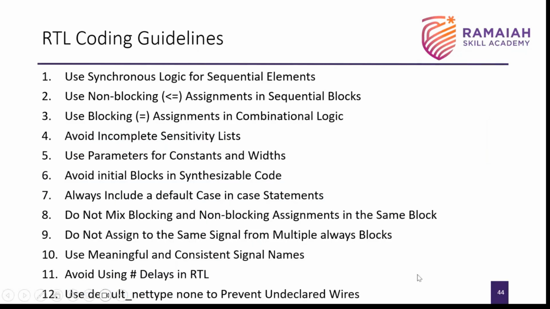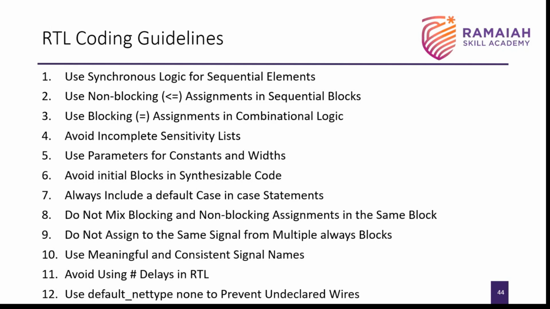Now, there are certain RTL coding guidelines that we should follow while designing a circuit. I'm not going to discuss these coding guidelines completely, but one such thing is to avoid an incomplete sensitivity list. We know the sensitivity list is always @(A, B).